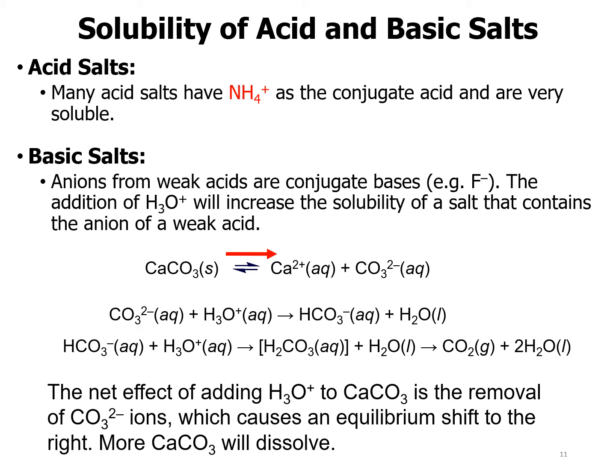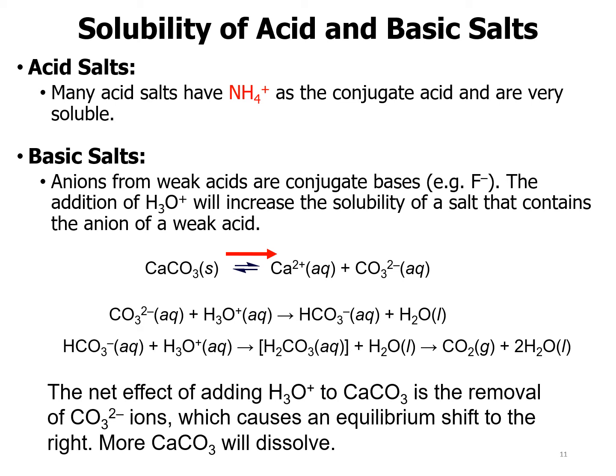Most of the acidic salts contain the ammonium ion, and if you remember from the solubility chart, most ammonium salts are soluble. So you would not see many insoluble salts containing ammonium ion, and that's why you might not see many questions regarding acidic salts.